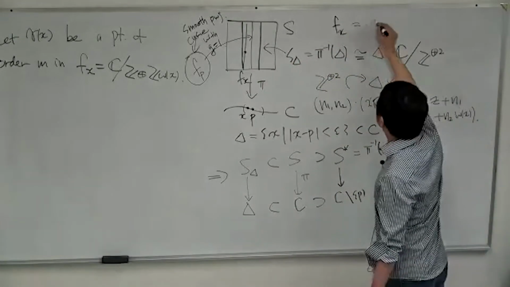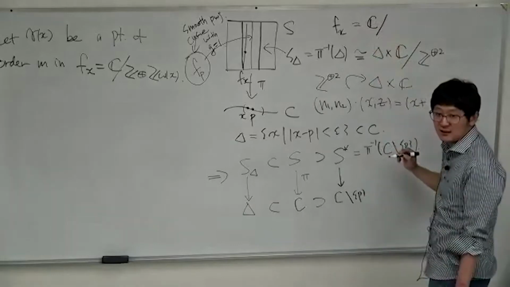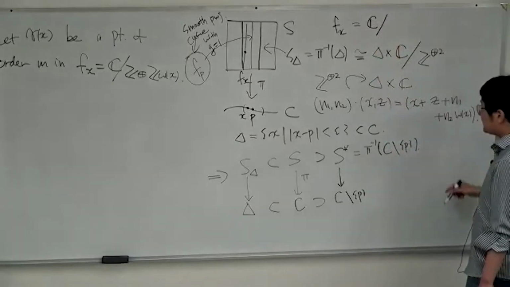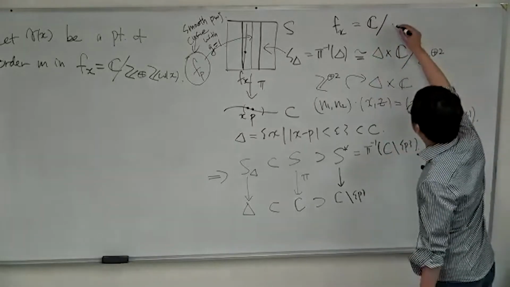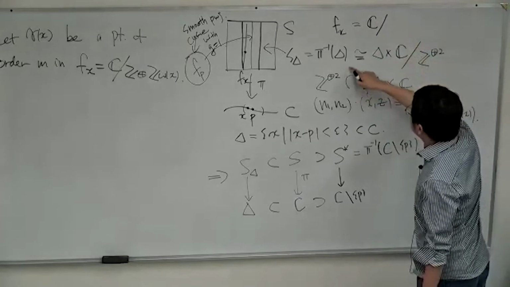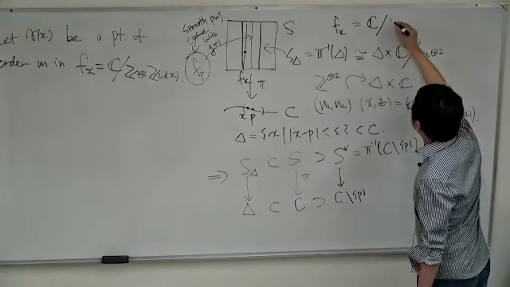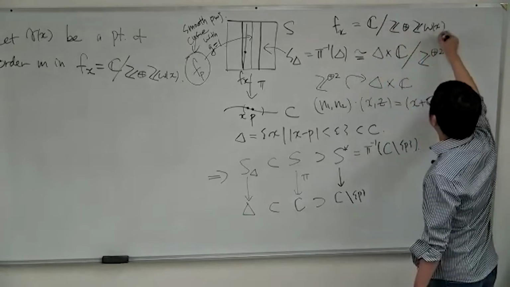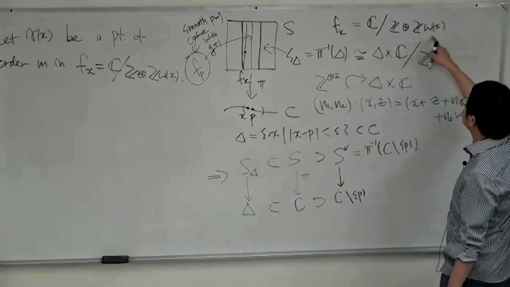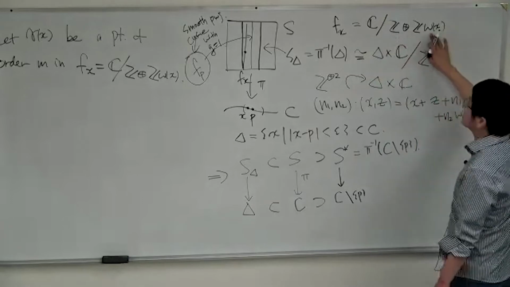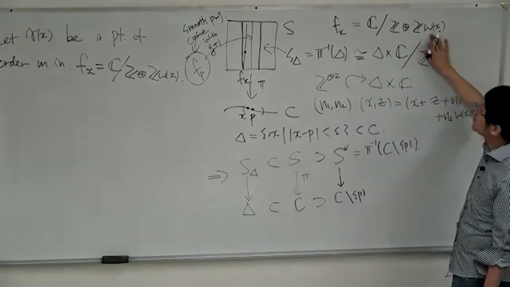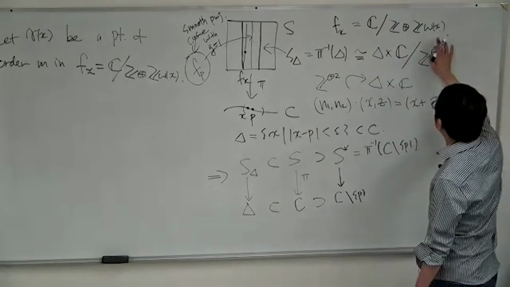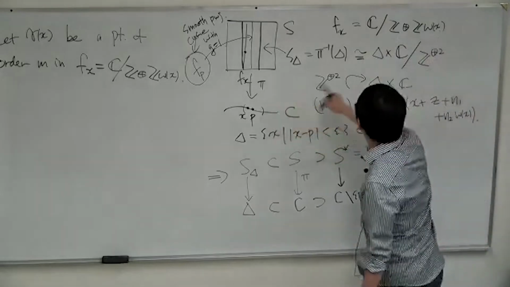So this is C modulo a certain lattice, and I can identify this fx as C quotient Z plus some integer combination, where I consider a certain function which maps to C, and for each point I have this function.